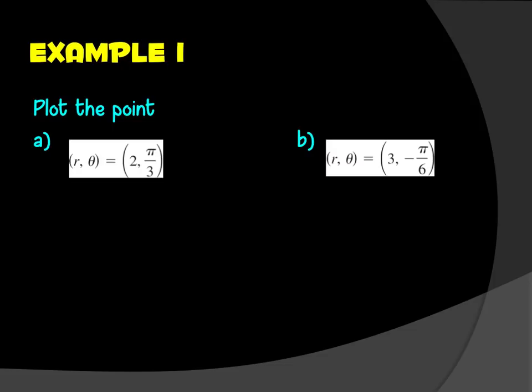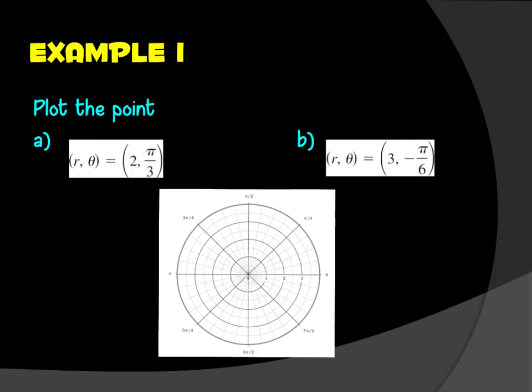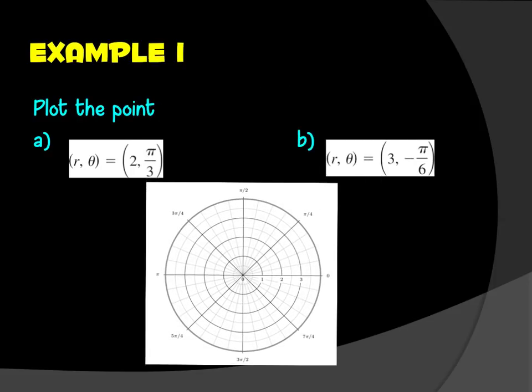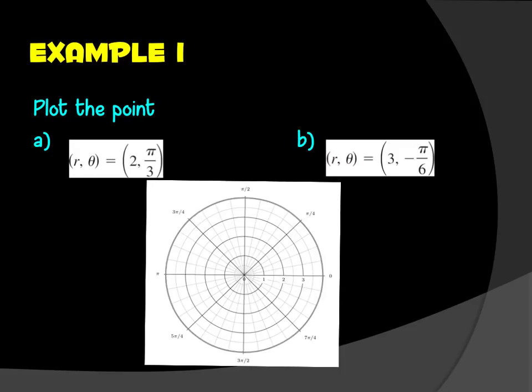All right, so to plot the point, I'm actually going to pull in a polar axis. So if you went to Safari and you search for polar grid, there's lots of them because they can be different numbers of rings. But an example of what one would look like would be this. So this would be a polar grid. It's almost like a bullseye on top of a rectangular coordinate grid.